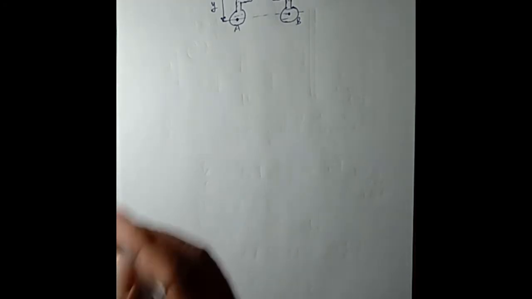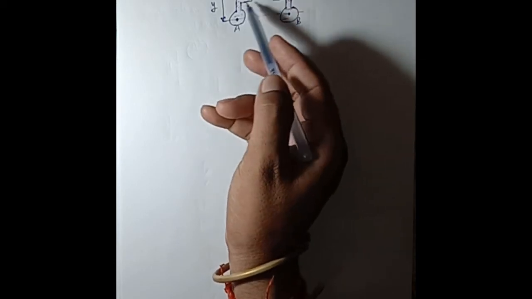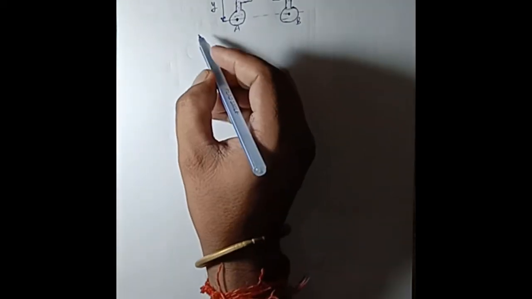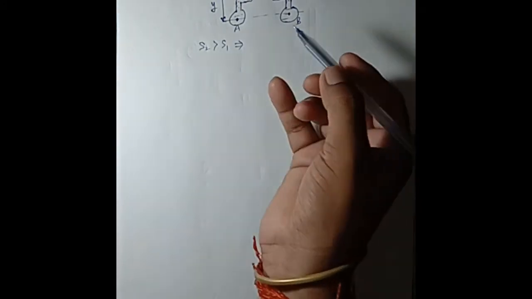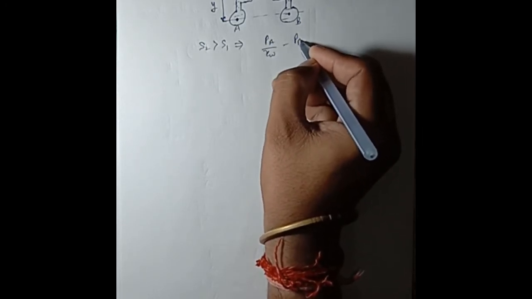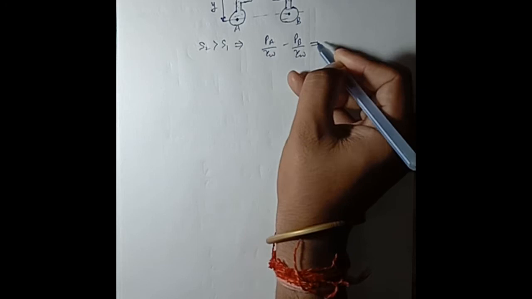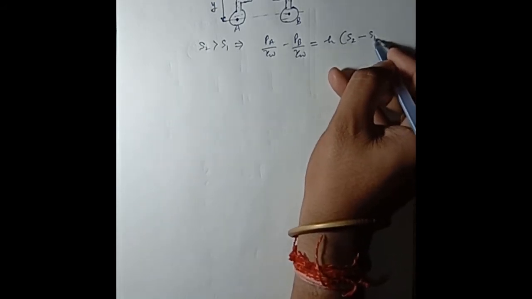If the sensitive value are finding, therefore we take different types of specific gravity of the two limbs S1 and S2, and S2 is greater than S1, therefore PA upon gamma W minus PB upon gamma W is equal to H (S2 minus S1).